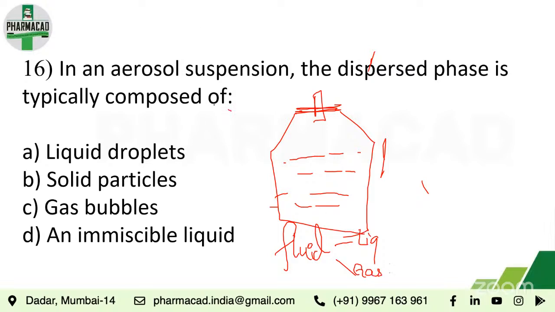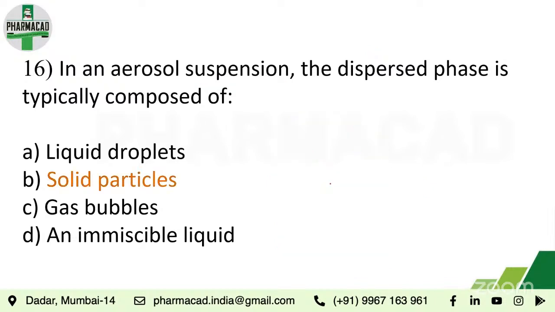Now the question asks about an aerosol suspension, so what does suspension mean? Inside there will be particles. Correct? So what is the answer? What is the dispersed phase in an aerosol suspension? Liquid droplet, solid particles. Solid particles is the answer. In an aerosol suspension there will be solid particles.